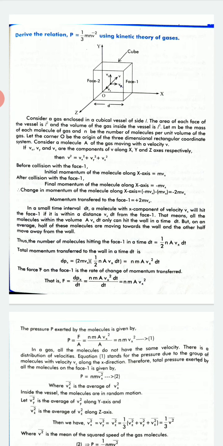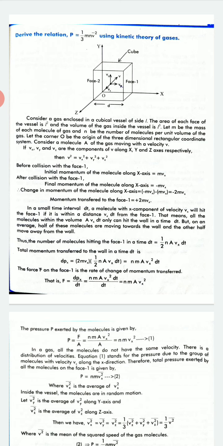Then the change in momentum of the molecule. What is the equation? It is the final momentum minus the initial momentum. So you take minus mVx minus mVx. Minus minus, it is 2 minus.